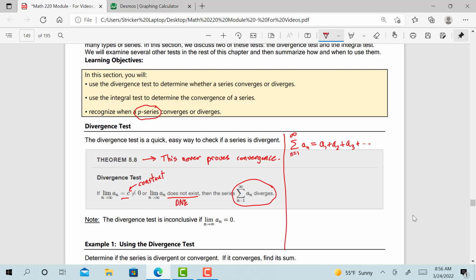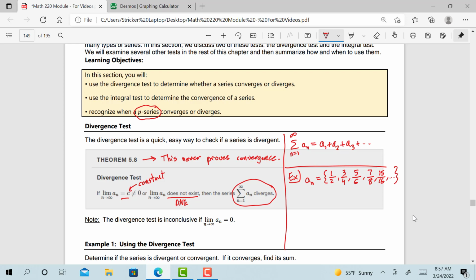So let's take for an example, let's say a sub n looks like this: 1/2, 3/4, 5/6, 7/8, 15/16, and so on.